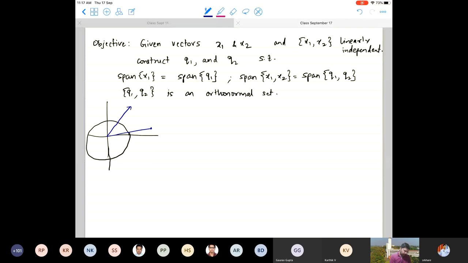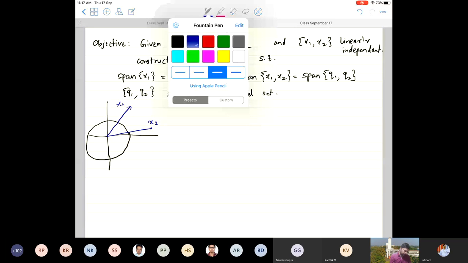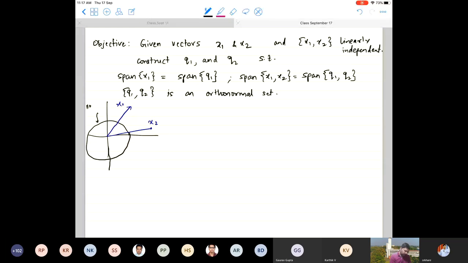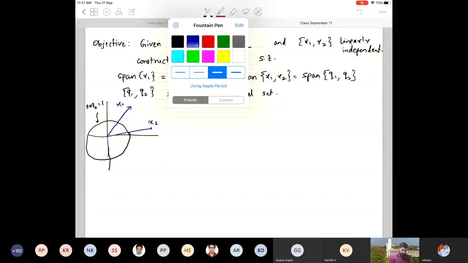So this vector is x1, this vector is x2, and the circle is all norm 1 vectors. So the first vector is the x1 vector. Geometrically, let us see what is happening.